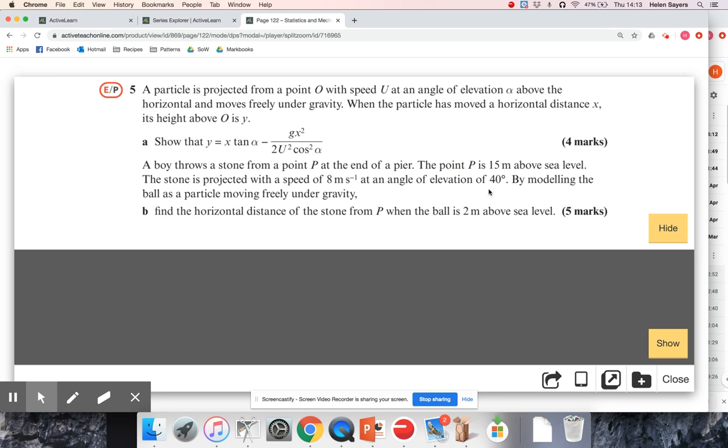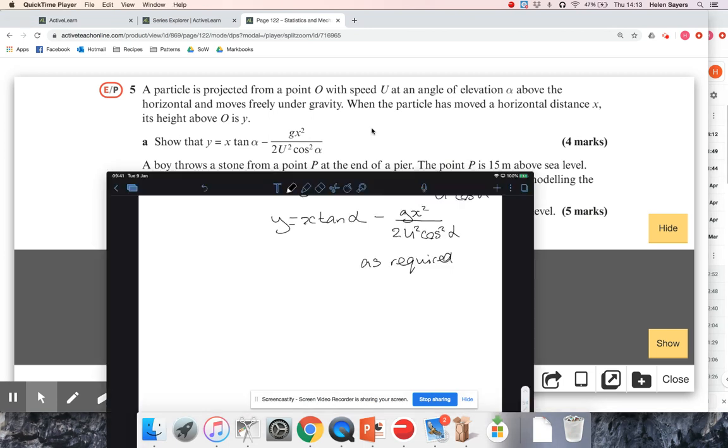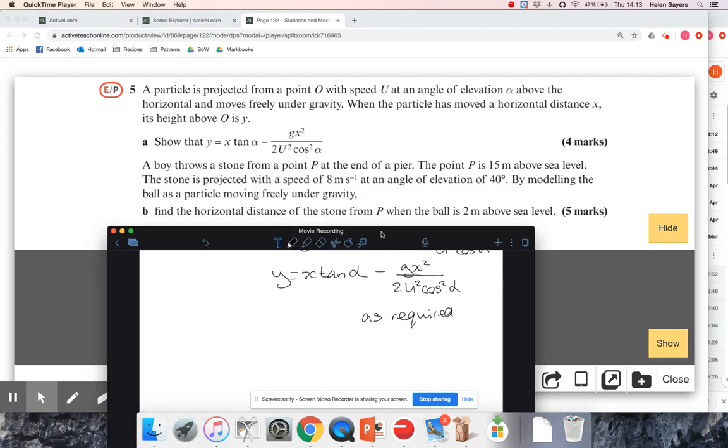In fact, let's start drawing this out because this might even be a completely separate question. Okay, so he's at the end of a pier. He is projecting it with a speed of 8 at an angle of 40 degrees.